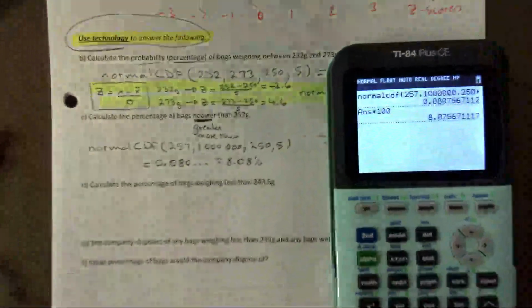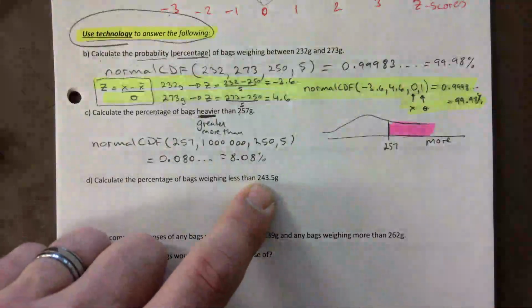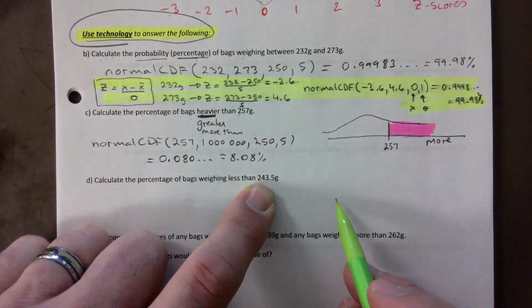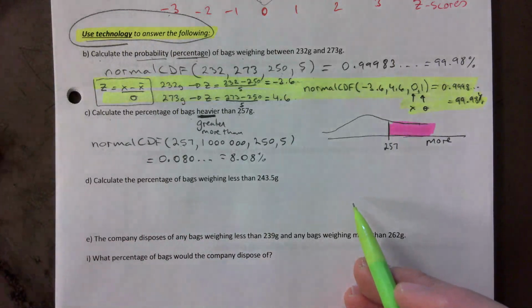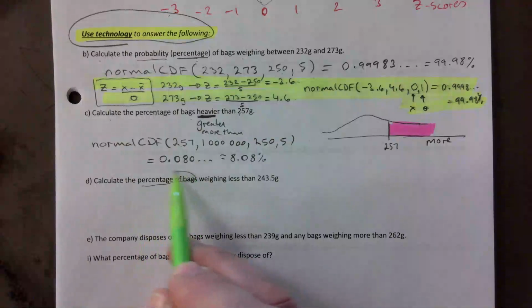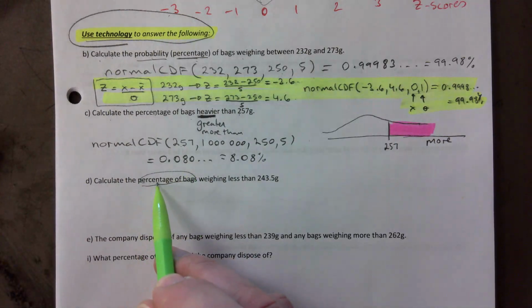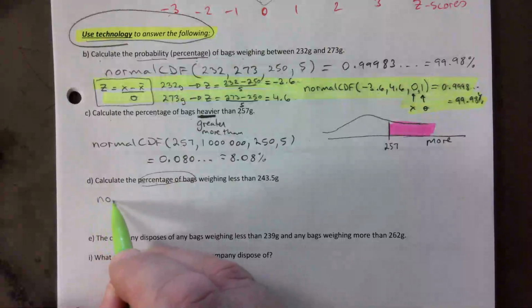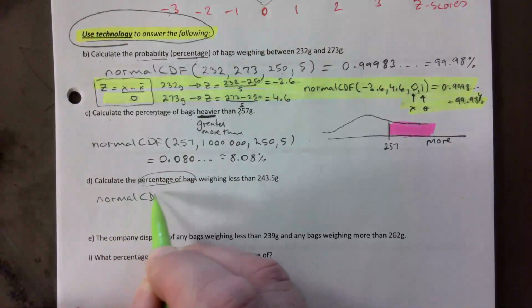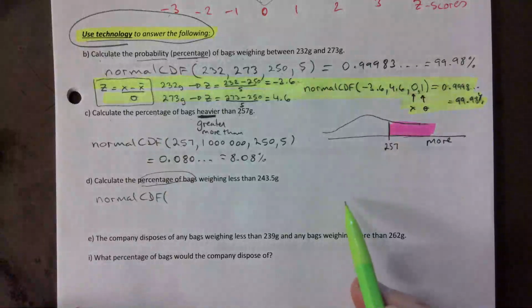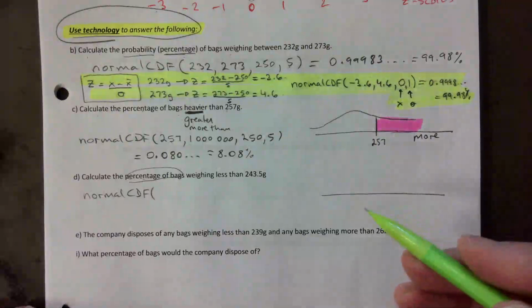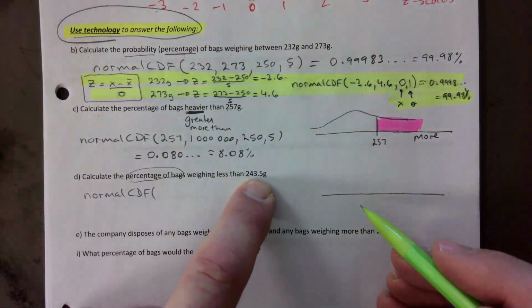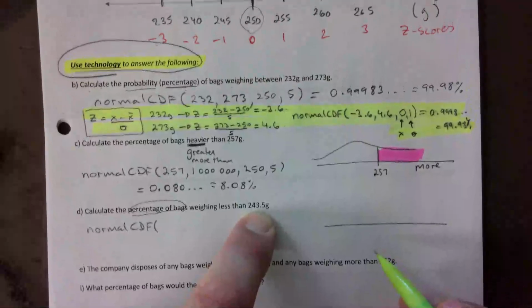Next, calculate the percent of bags weighing less than 243.5. Is this normal CDF? Calculate the percentage of bags, normal CDF. Okay? Normal CDF. I know that for sure. Some of you might not need this anymore, what I'm doing on the side here. But weighing less than 243.5, we're going to use this as our reference.